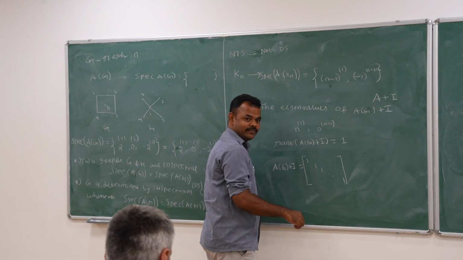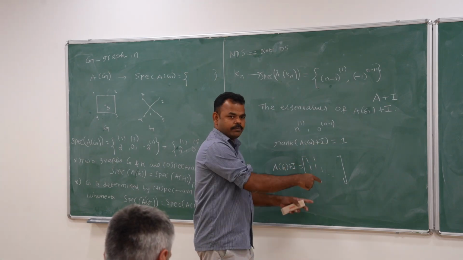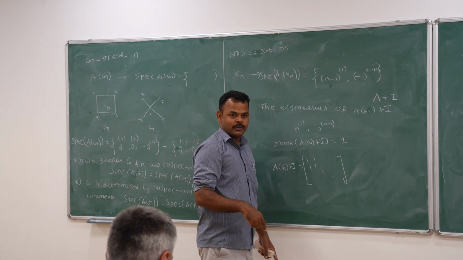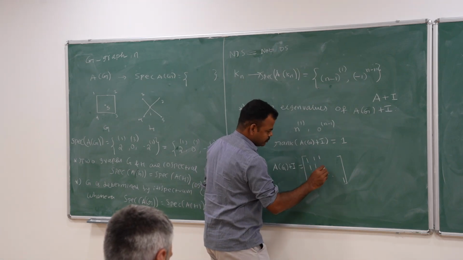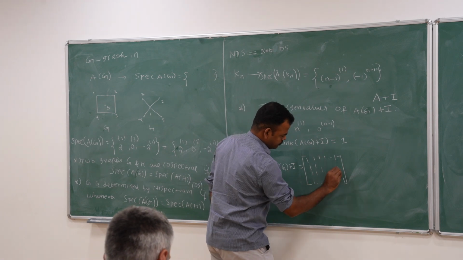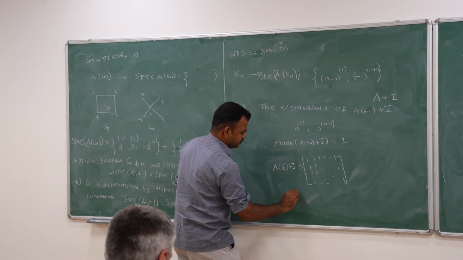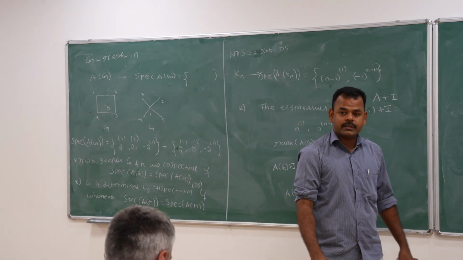That forces all the entries to be equal to 1. The natural question is that some zeros may be there, but how to overcome the zeros? Because the diagonals are equal to 1, we get 1 everywhere. So A of G is equal to J minus I, which is the same as saying that the graph is Kn.